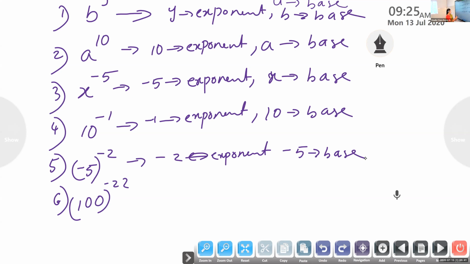Christo, which is base and which is exponent? 100 is base. Negative 22 is the exponent.